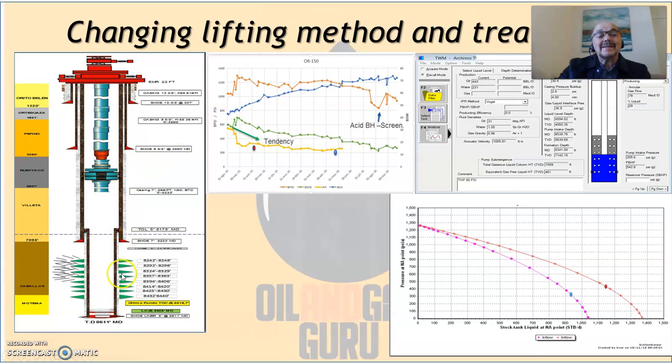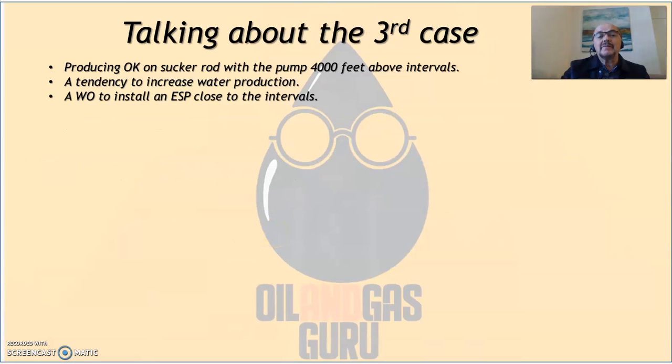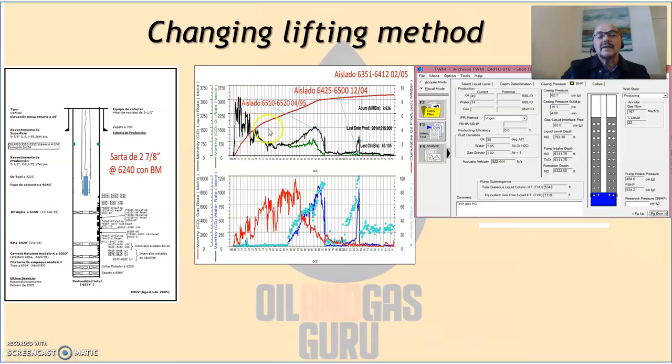I can see fields where we can do these isolated treatments and we can get good production. In fact, we did a well with this same behavior, and it was closed. It was an idle well.